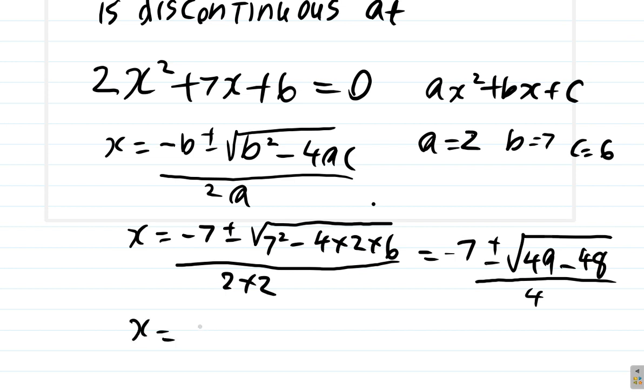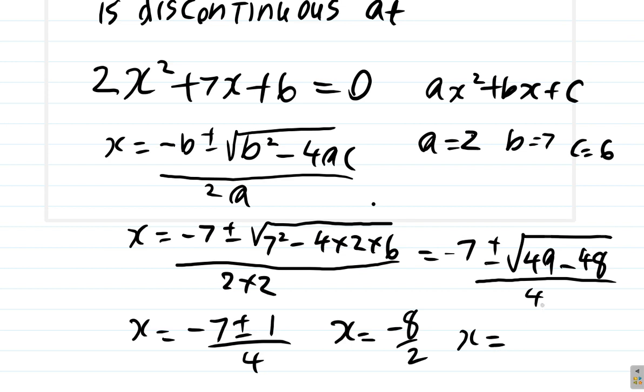So x is negative 7 plus or minus, what is 49 minus 48? It is 1. So the square root of 1 is just 1, over 4. So x is, in one case, negative 7 minus 1 over 4, which is negative 8 over 4. And x is negative 7 plus 1 over 4, which is negative 6 over 4.